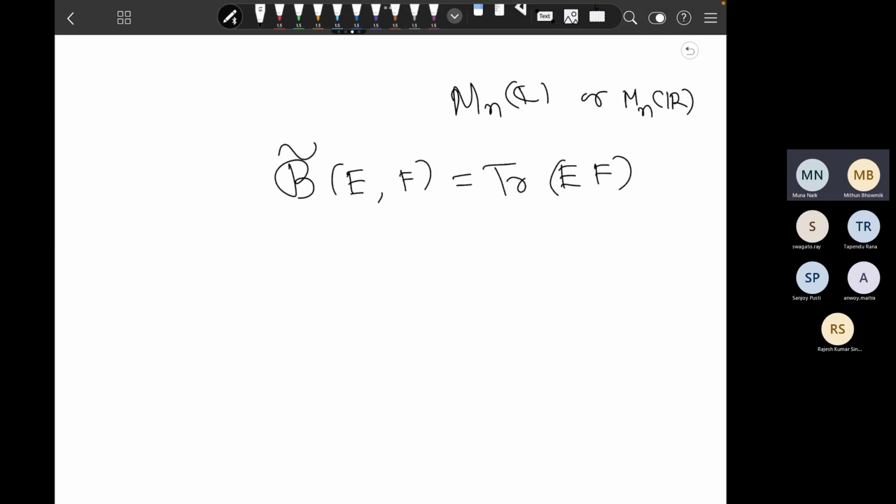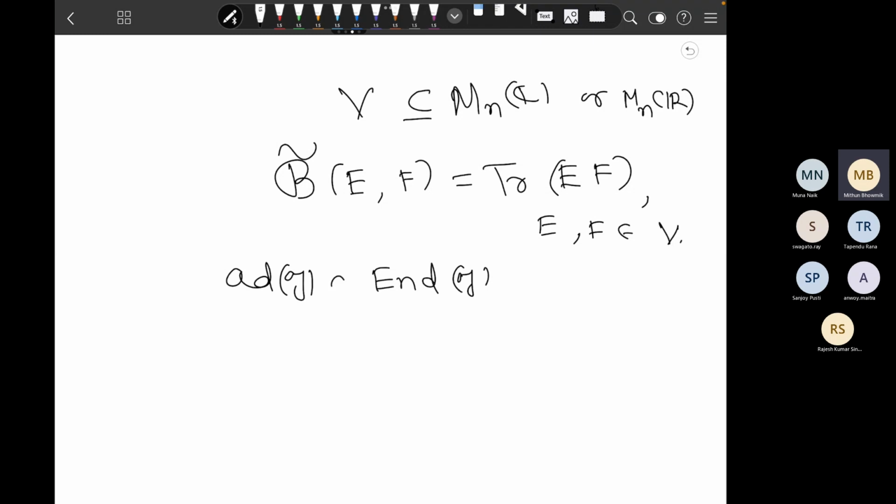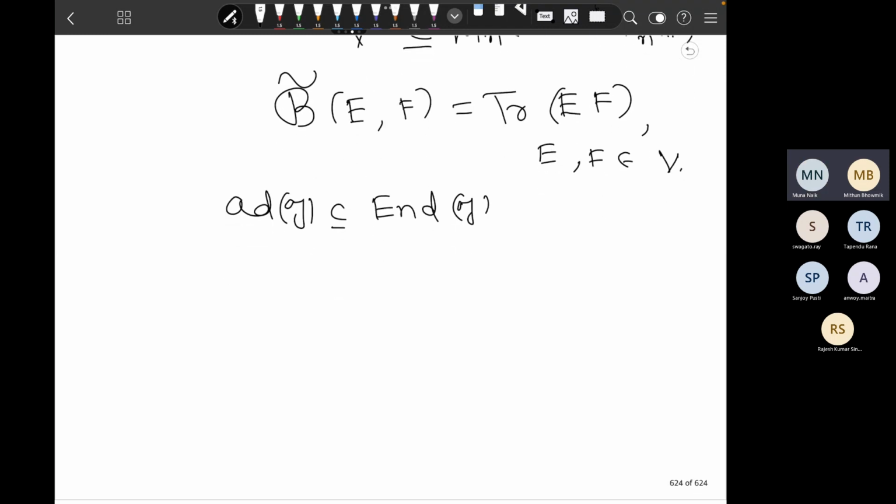This is a symmetric bilinear form on MNC or MNR, and also on any subspace B of it. Now, RG is a subalgebra of endomorphisms of G, so you can produce a bilinear form on RG: B tilde of RX, RY is the trace of RX RY.